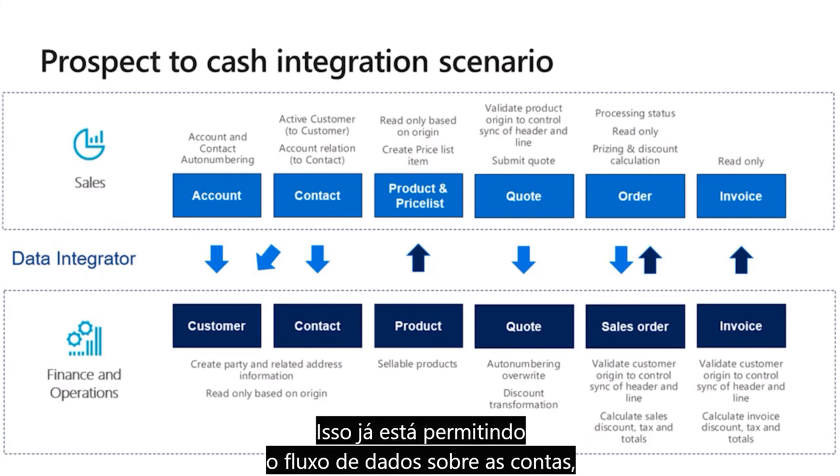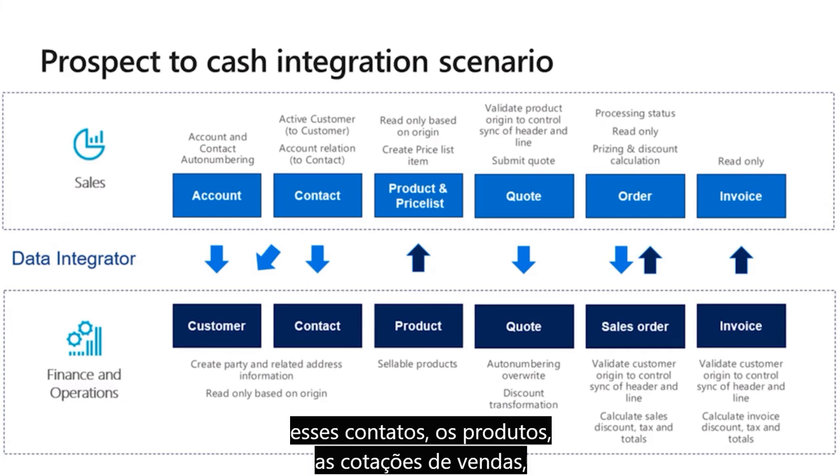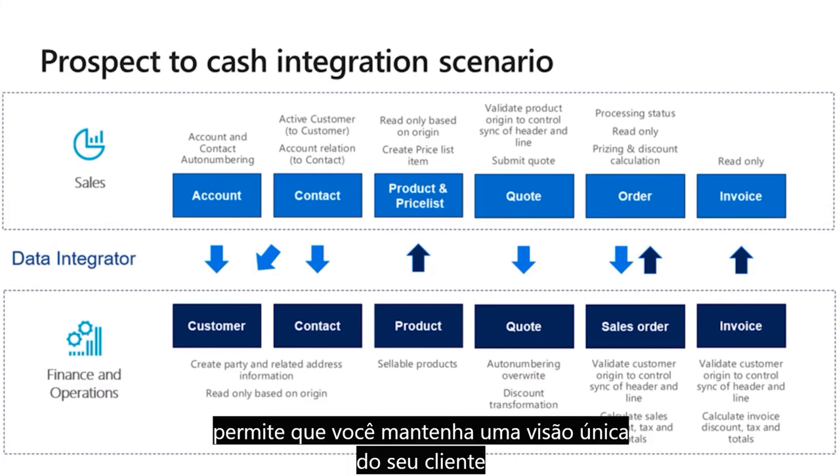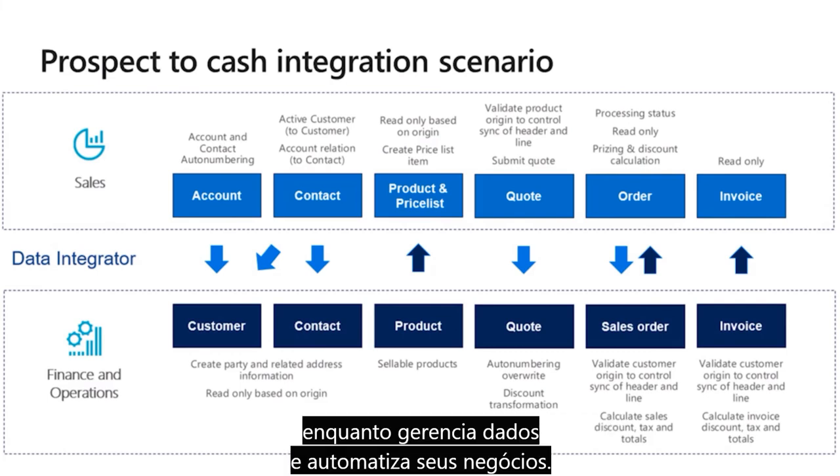So it's already allowing the flow of data about the accounts, those contacts, the products, the sales quotes, sales orders, invoices. All of that is already set up for Dynamics 365 Supply Chain Management and Dynamics 365 Sales.